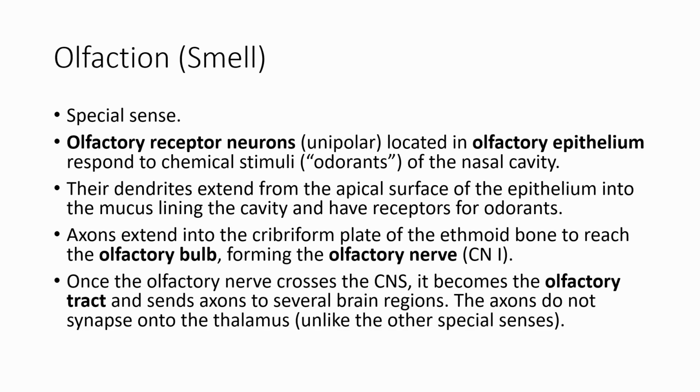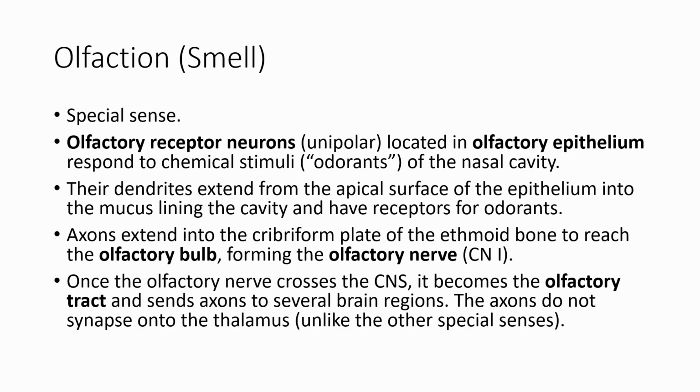The dendrites are going to come through the apical surface of the epithelium into the mucus lining in the cavity, and the receptors for the odorants are there. This is going to come through the cribriform plate in the ethmoid bone to reach the olfactory bulb, which is then going to join and form with the olfactory nerve, which is our first cranial nerve.